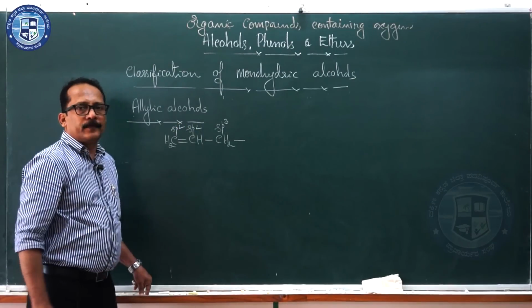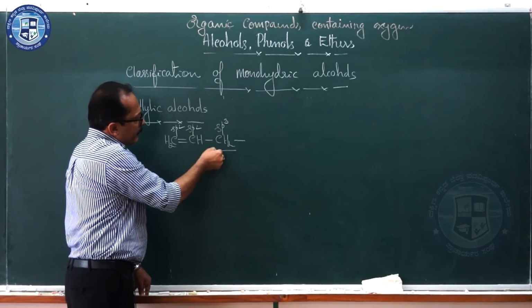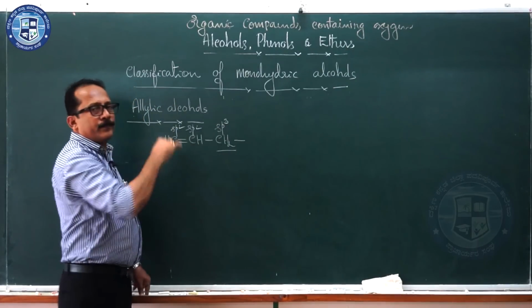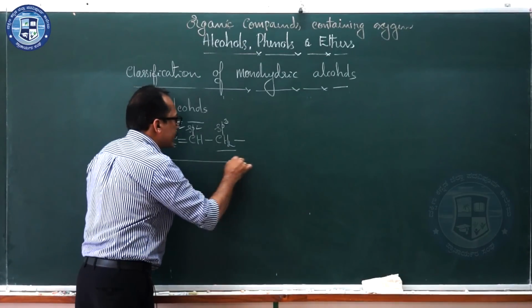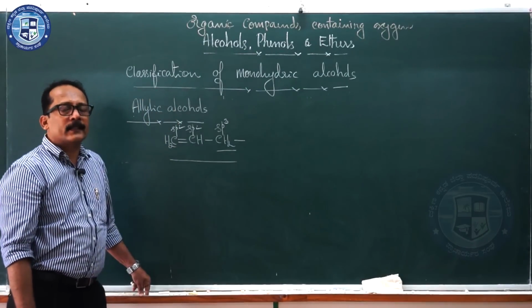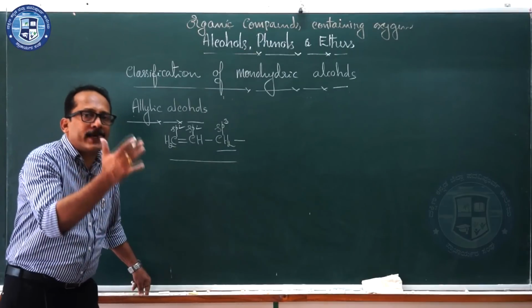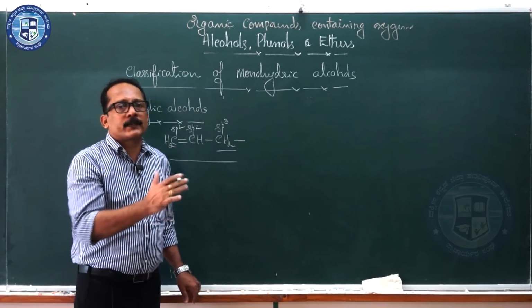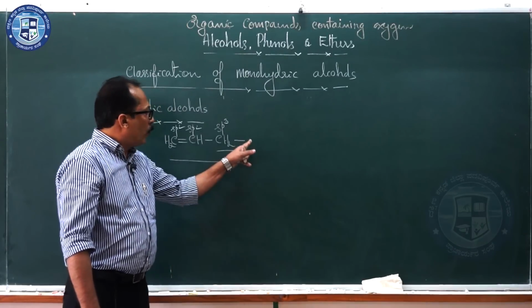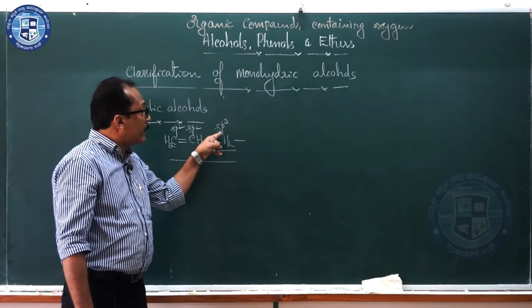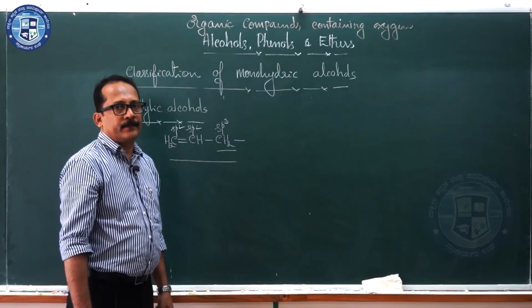The sp3 hybridized carbon atom present next to the carbon double bond, this group is called an allyl group. If the OH group is attached to an allyl group, such alcohols are called allylic alcohols, where the OH group is attached to an sp3 hybridized carbon atom.